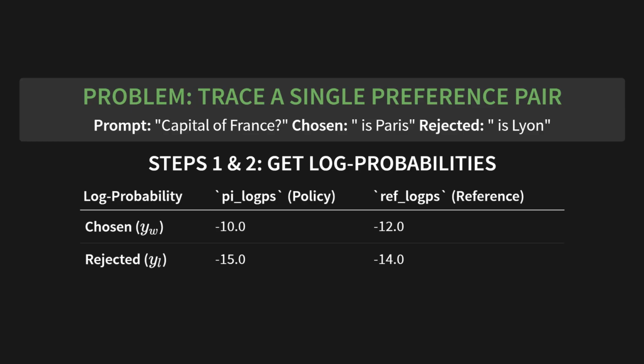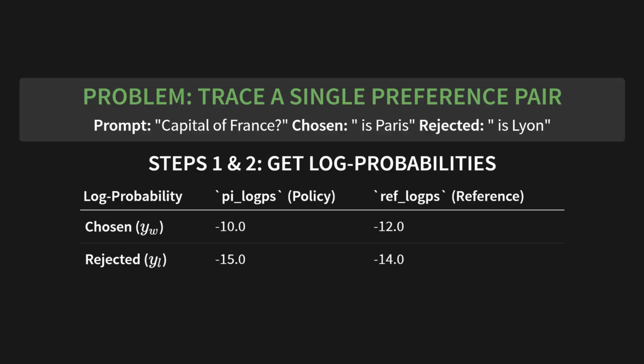Now for the rejected response, Lyon, the policy model is less sure, giving it -15. The reference model gives it -14. These are our starting numbers. Okay, let's recap. We have our log probs. Policy winner is -10, reference winner is -12, policy loser is -15, and reference loser is -14.